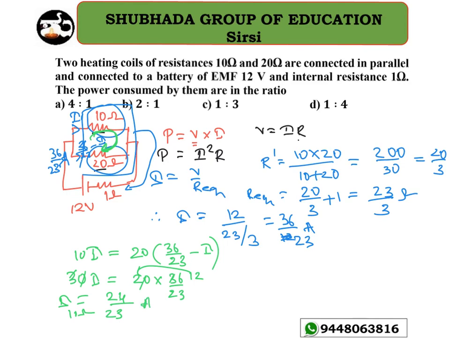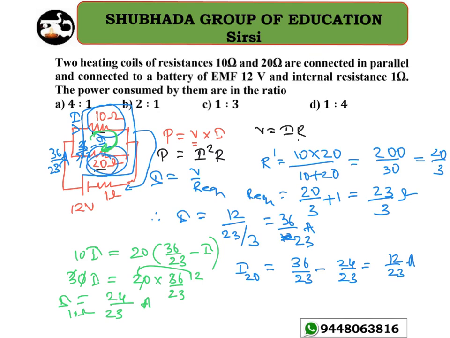So 24 by 23 ampere is flowing through the 10 ohm resistor, correct? Similarly, the current flowing through the 20 ohm resistor is 36 divided by 23 minus 24 divided by 23, that is equal to 12 divided by 23 ampere.